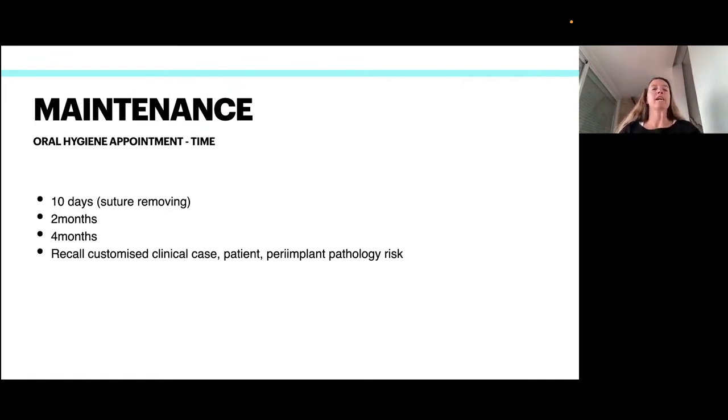In terms of oral hygiene appointments, we have before the surgery, then 10 days after the surgery, 2 months after the surgery, 4 months after the surgery, and then the recalls are customized from patient to patient, from clinical case to clinical case, and also depending on the peri-implant pathology risk.